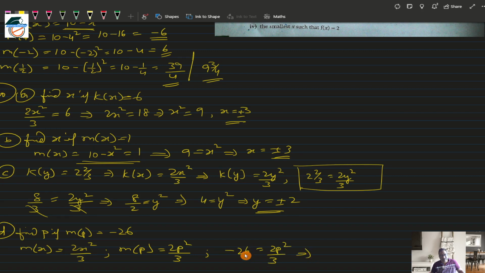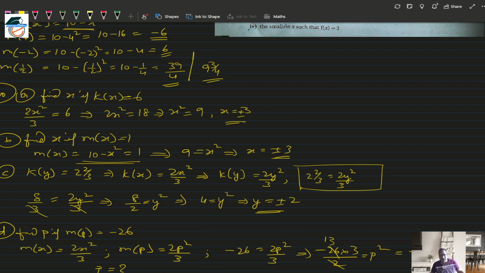From here you can find out P. So minus 26 times 3 divided by 2 will be equal to P square, which is minus 39 equal to P square. So P will be how much?